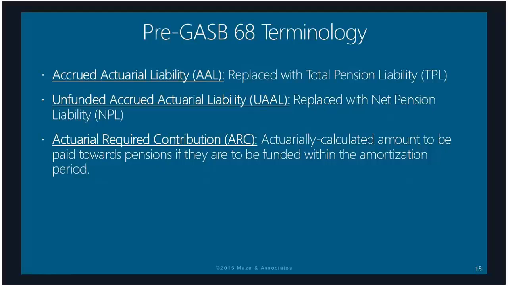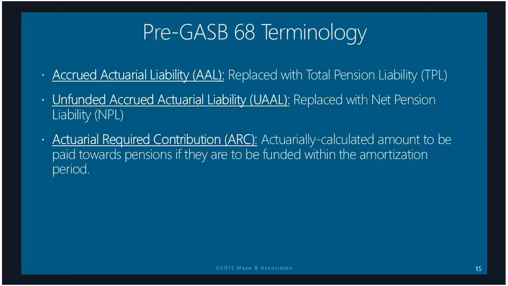So say your TPL, your total pension liability, is $10 million, and as an employer you pay, say, $4 million in contributions. Your unfunded amount, which is now called net pension liability, would be $6 million. So it's just the excess amount of outstanding liability that's outstanding for an employer.